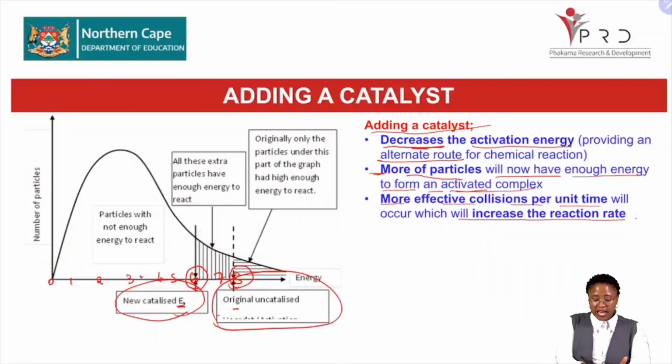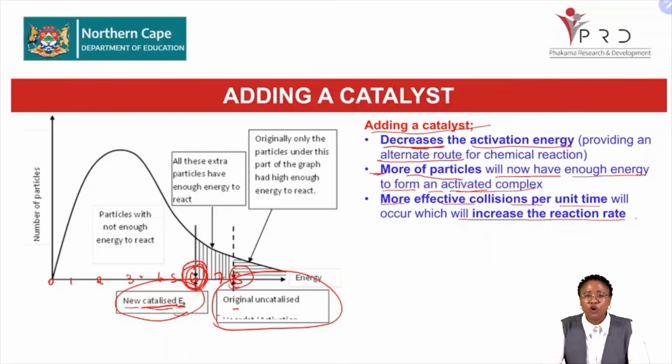So the one that has the lowest activation energy is the one that will be a path route for the catalyst, because the catalyst has created an alternative route for energy, or for chemical reaction rather, to take place. All right. And then we call this activation energy there a newly catalyzed activation energy.